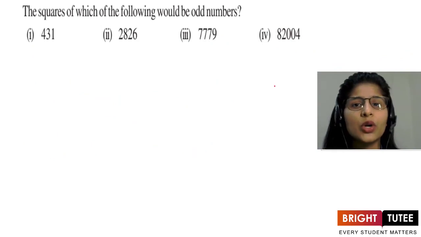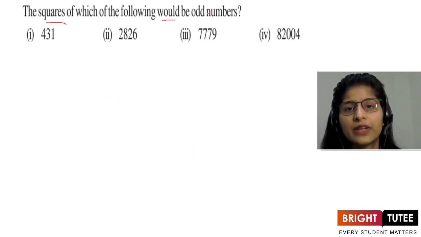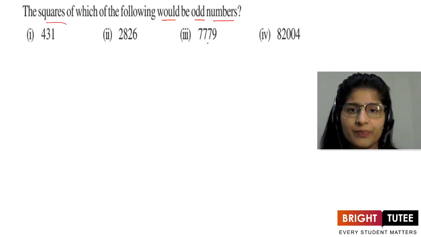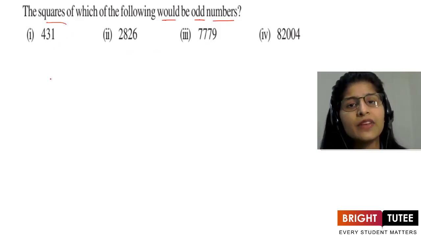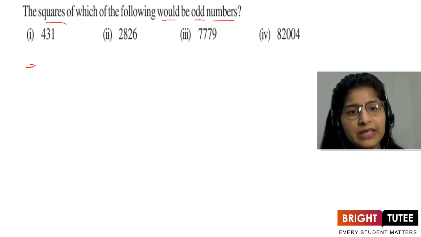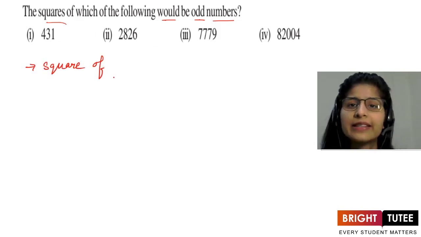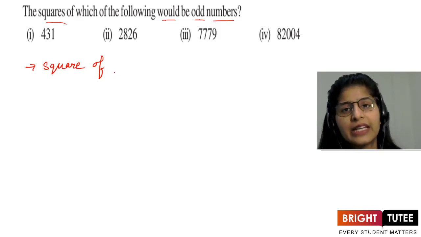Here is one more question. It is asking: the squares of which of the following would be odd numbers. That means we are going to do the square of these numbers and see which square is going to come out as odd. Now we know one property. You may write this in the starting of the question and then give reason for each.